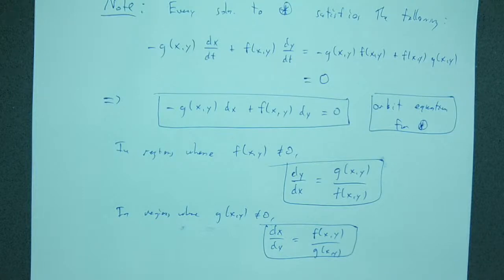Okay, so we'll see a little bit about how this goes in tomorrow's lecture, and we'll see that what we're about to do is the notion of integral methods for these systems, which means we're going to try to explicitly find solutions to these systems.